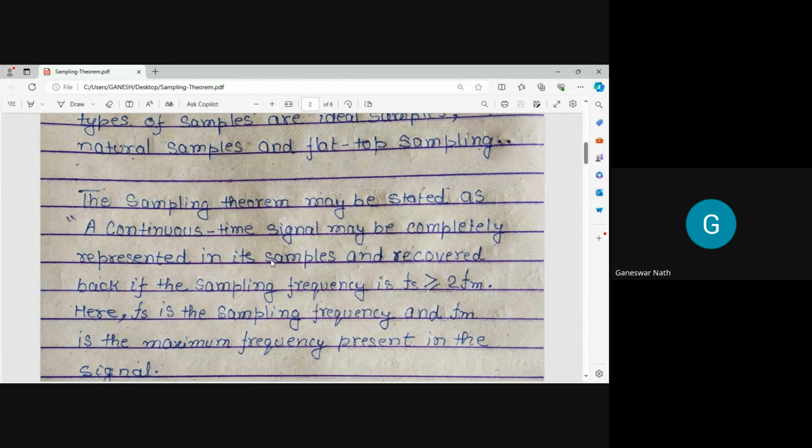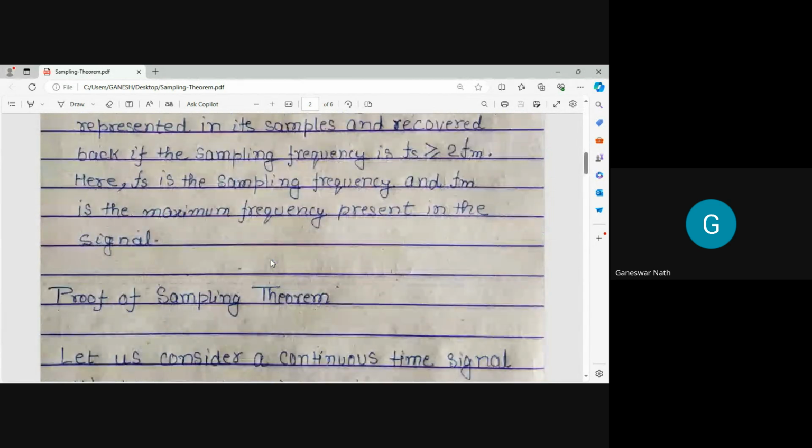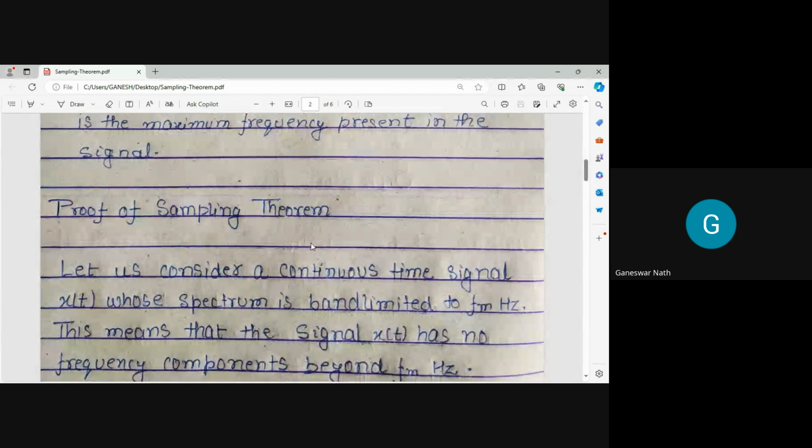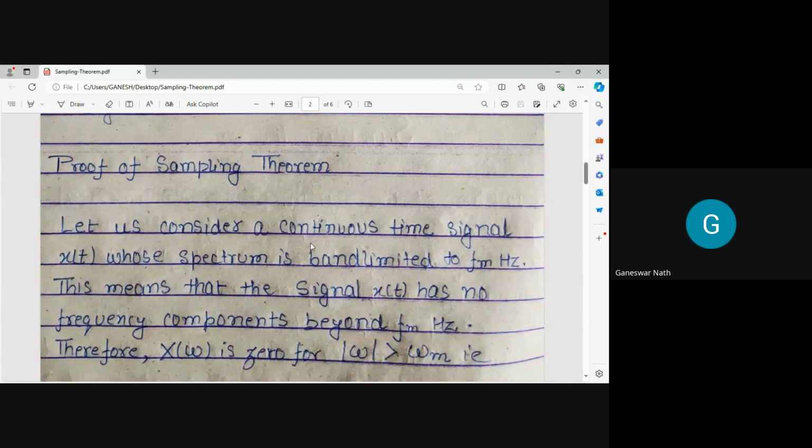Now, how can you prove this theorem? To prove this theorem, let me consider a continuous time signal xt whose spectrum is band limited to the maximum frequency fm hertz. This means that the signal xt has no frequency components beyond fm hertz.